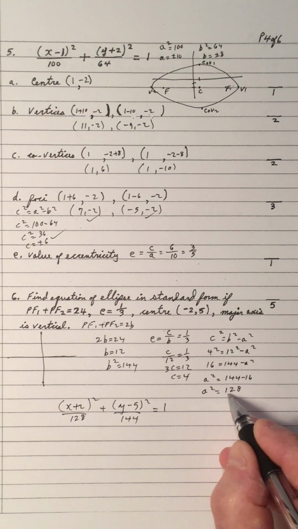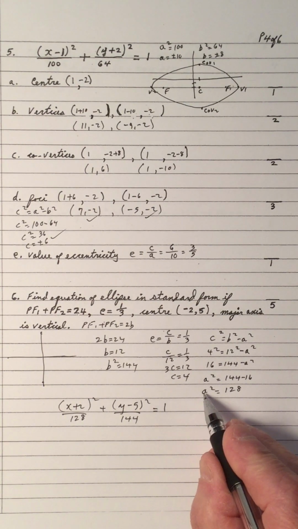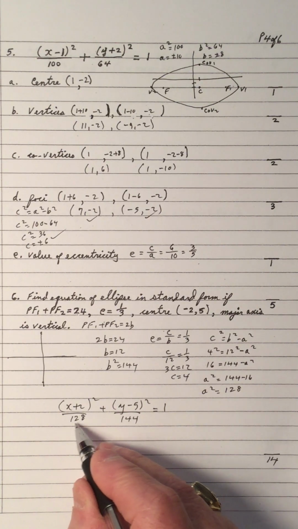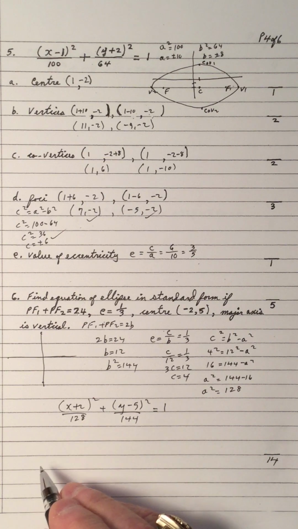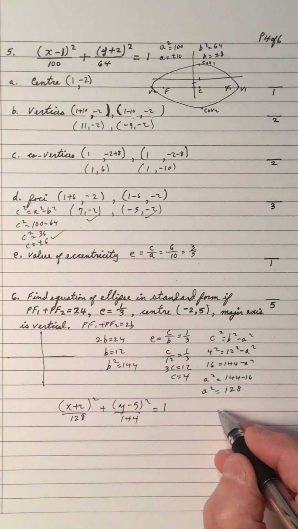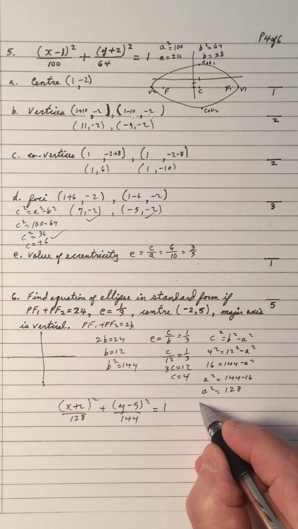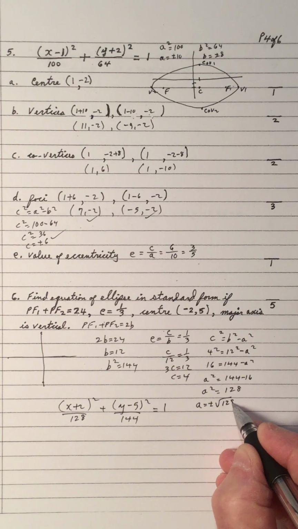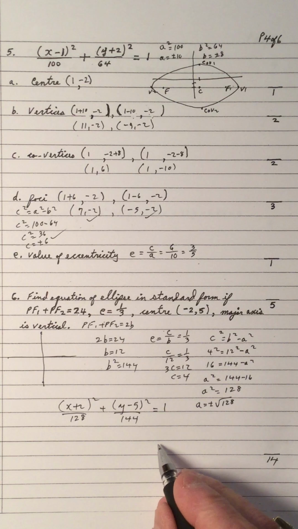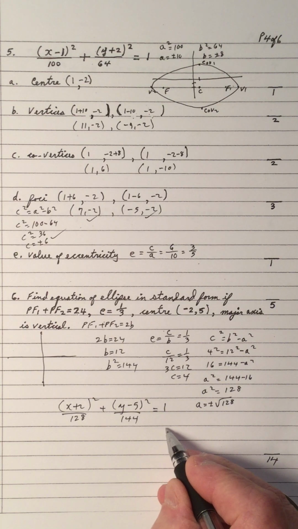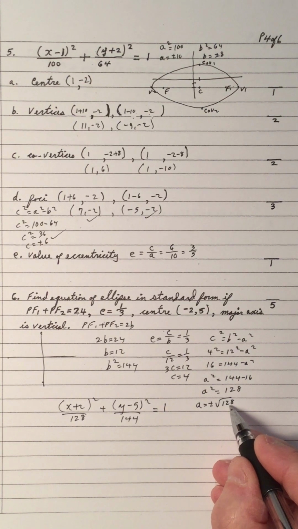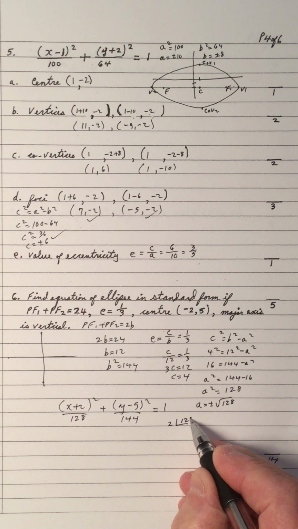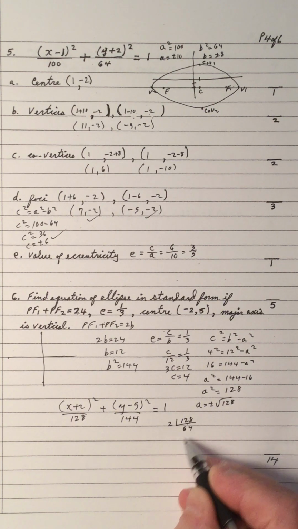I didn't have to simplify this. If a squared is 128, I just needed an a squared here. But if I wanted to go on to find what a was, a would be plus or minus the square root of 128. Now, the square root of 128, if you break it down, 2 into 128 is 64.